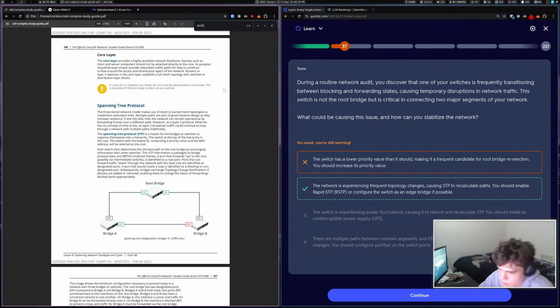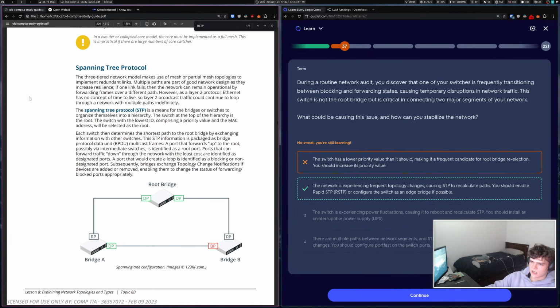The three-tiered network model makes use of mesh or partial mesh topologies to implement redundant links. Multiple paths are part of good network design, as they increase resilience. If one link fails, then the network can remain operational by forwarding frames over a different path. However, as a layer 2 protocol, Ethernet has no concept of TTL.